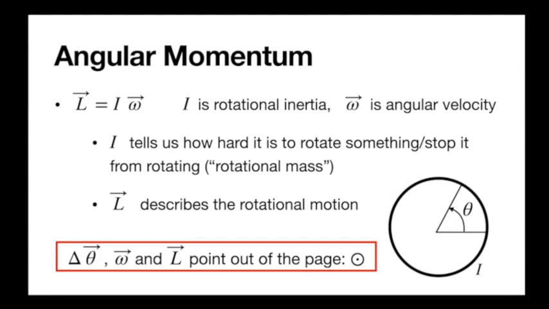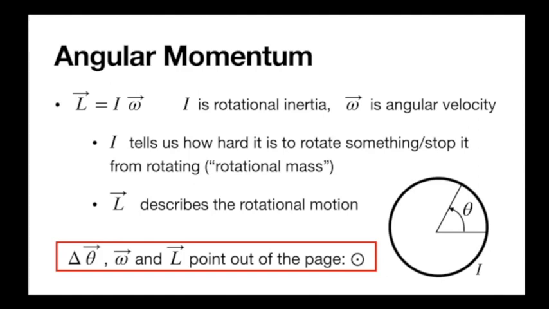Because I is a scalar. This rotational inertia, rotational mass is a scalar. So whatever direction the angular velocity is, the angular momentum is in the same direction. All I need to add to this picture is to say that this hoop has rotational inertia I, and so here's my angular velocity, my angular momentum is in the same direction, just multiplied by I.